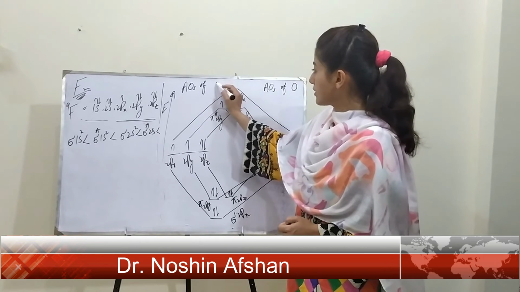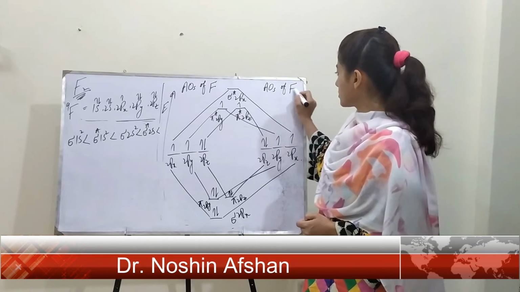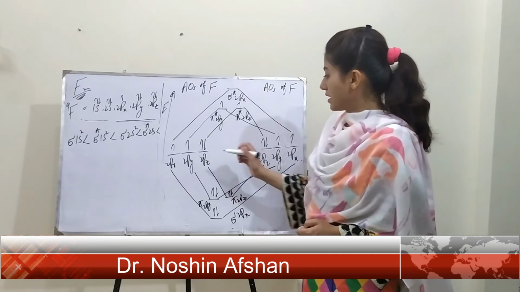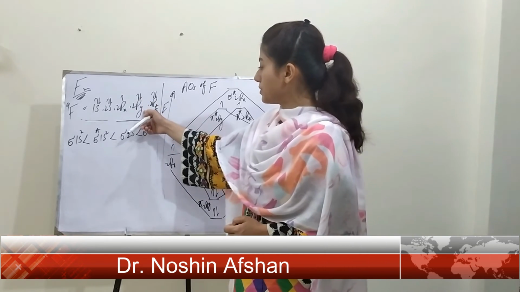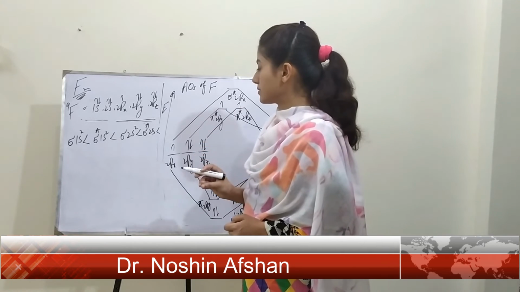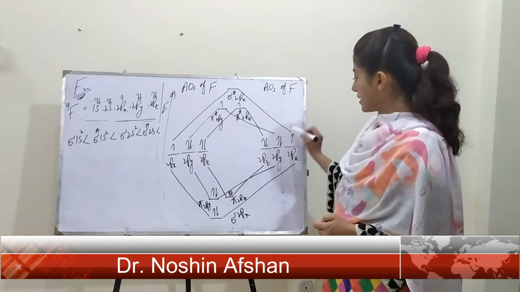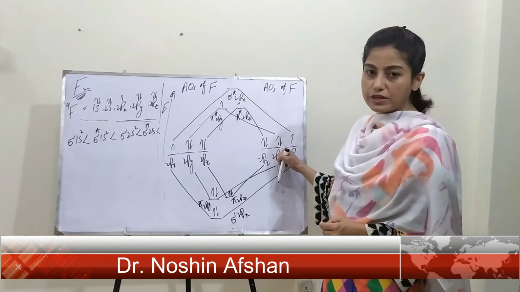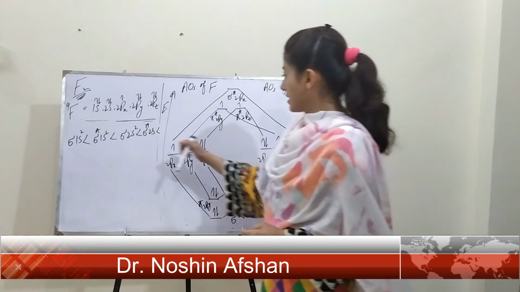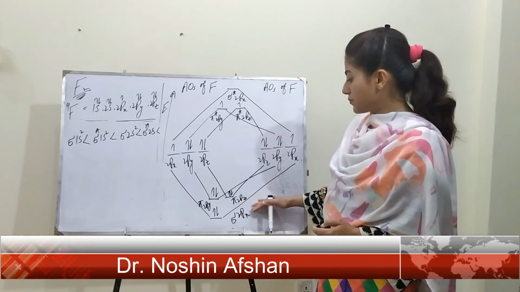Here these are the atomic orbitals of fluorine, and here these are the atomic orbitals of the other fluorine atom. And here the 2py also contains 2 electrons that are here. And a similar case happens with this 2py, it is also completely filled. Then after this sigma star, these bonding molecular orbitals remain the same.